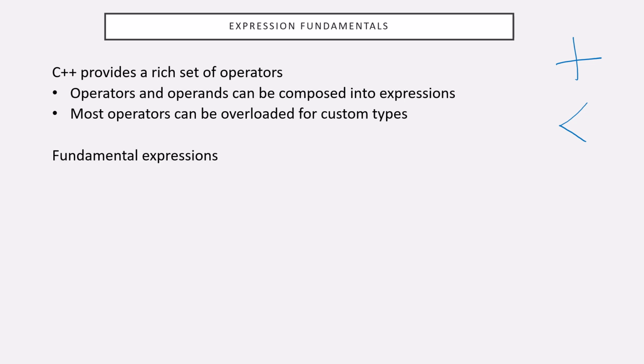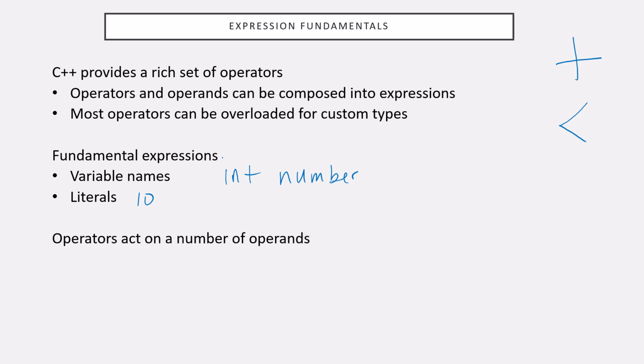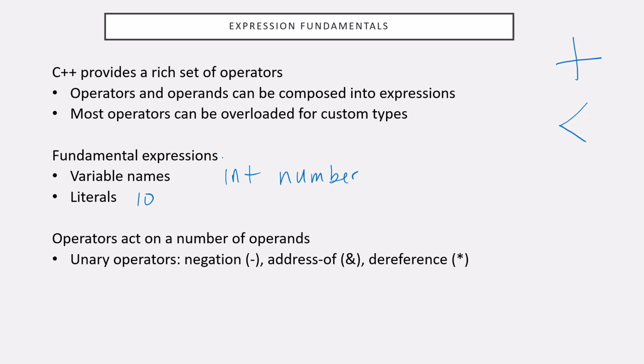And we have fundamental expressions, variable names, and literals. So variable names would be like int number. A literal is a literal number 10. So that's all that means when you say literals. You operate, so you have unary operators.